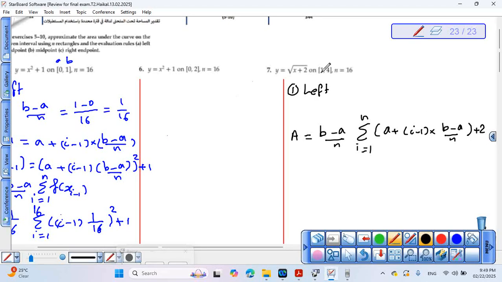Because all these are under the radical, as you see, radical x plus 2. You can find this, just substitute.